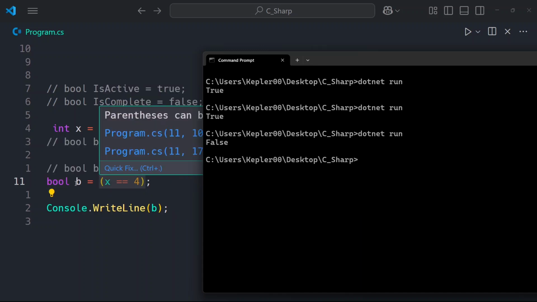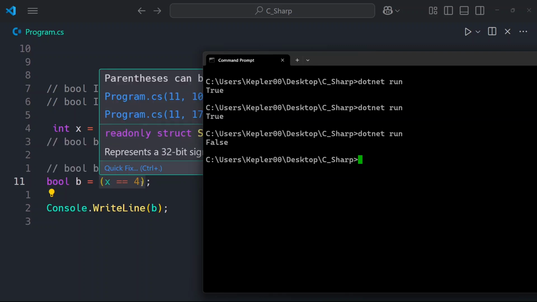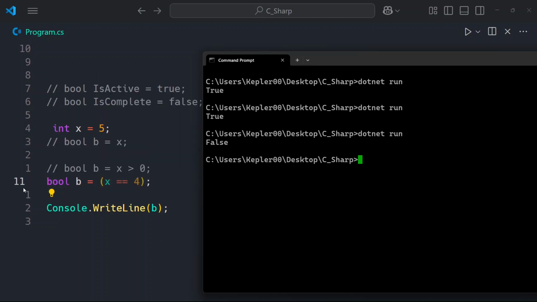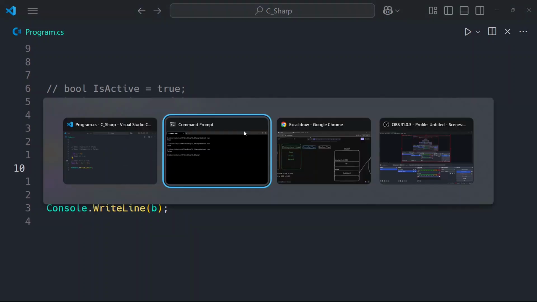We're asking, is x directly, literally equal to 4? And of course it's 5, so it's going to say no. It's going to say false. But this is still a valid expression.